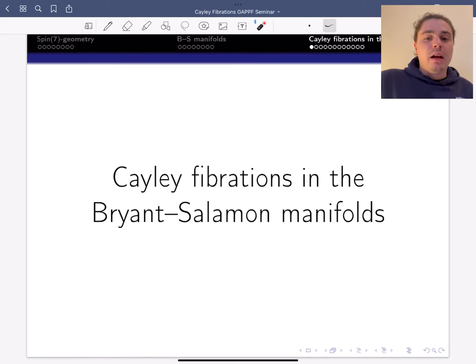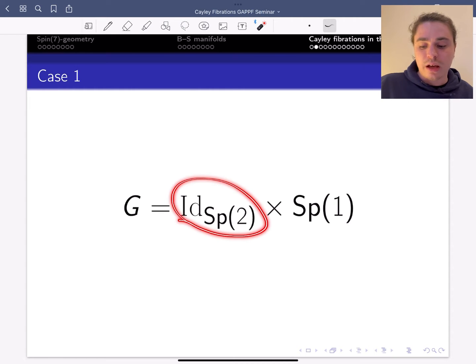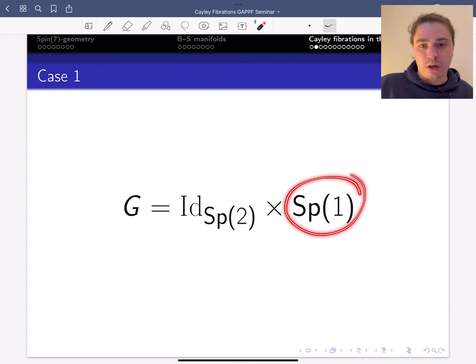So we can very easily split our video into many blocks, and each block is going to be essentially the study of one of the actions that we consider. The first case, which is the easiest one, is when our subgroup is the identity on Sp(2) times Sp(1).